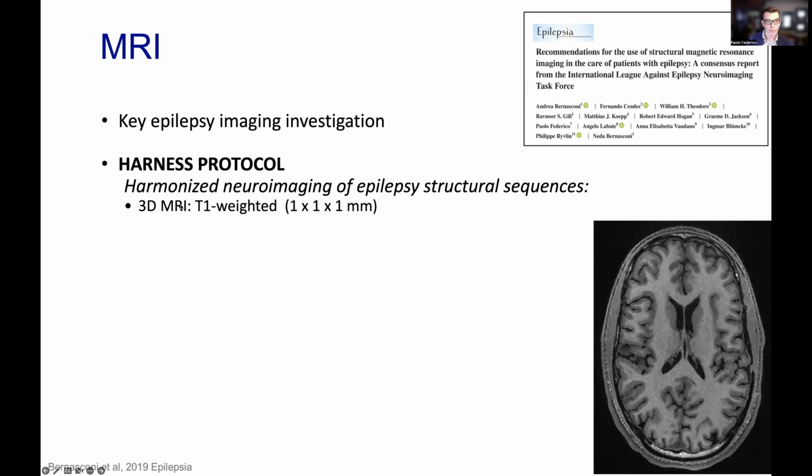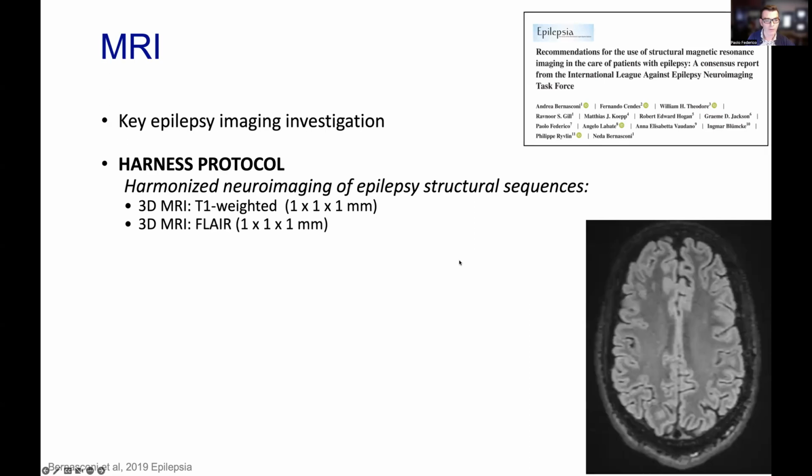The first is a 3D MR acquisition of T1 weighted images with voxel sizes of 1 by 1 by 1 millimeter isotropic to get images such as this, which could be used to identify subtle structural abnormalities such as malformations of cortical development. Similarly, a 3D FLAIR, fluid attenuated inversion recovery sequence should be obtained using a 1 by 1 by 1 millimeter isotropic voxel again to look for subtle abnormalities.